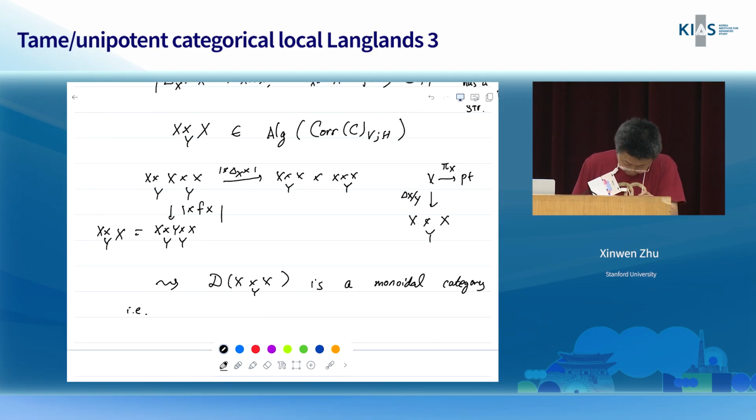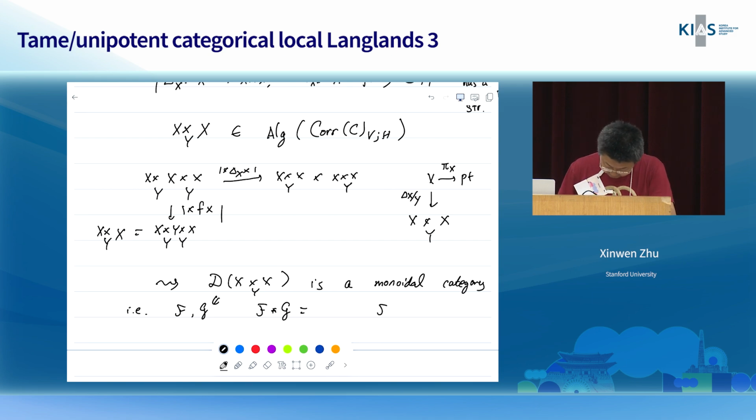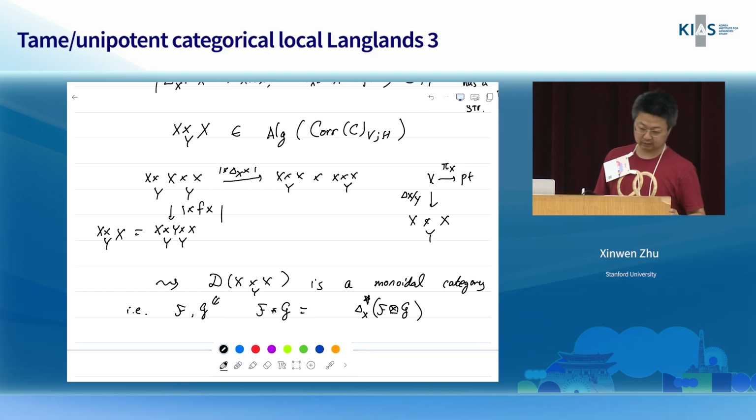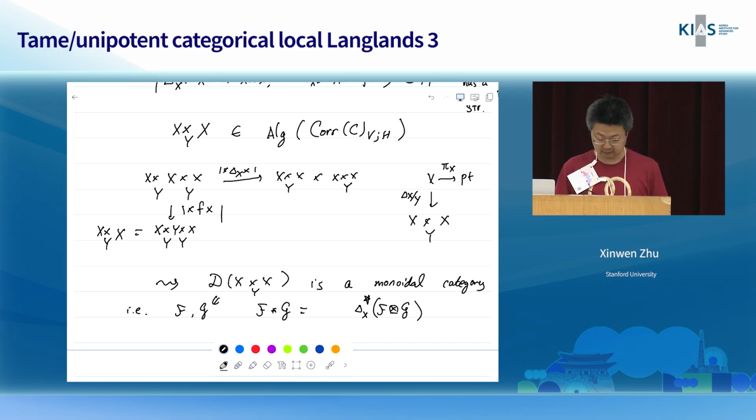So explicitly, let me just write down the monoidal structure. The multiplication is: you have two sheaves, F and G, inside here. The product, the so-called convolution product, is obtained as follows. You first take the exterior tensor, then pull back along the diagonal.